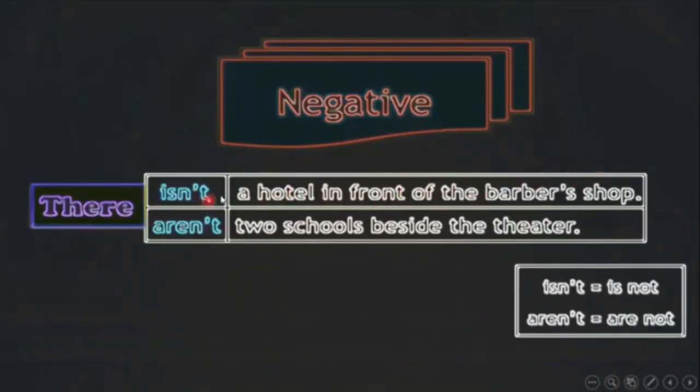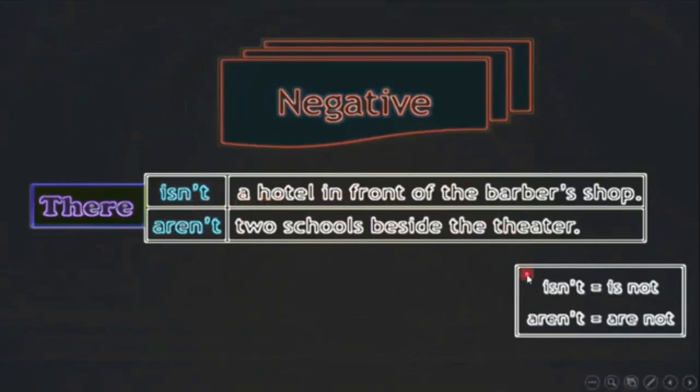Here also, after there isn't, we use a hotel. A hotel here also is a singular noun, اسم مفرد.